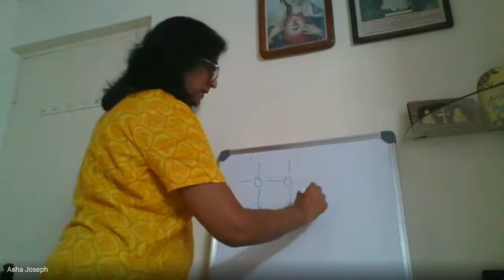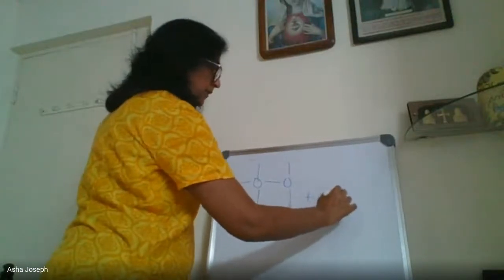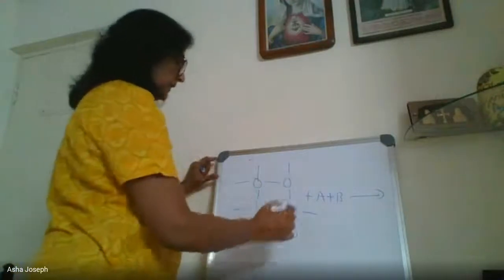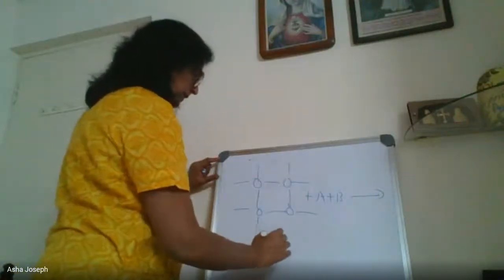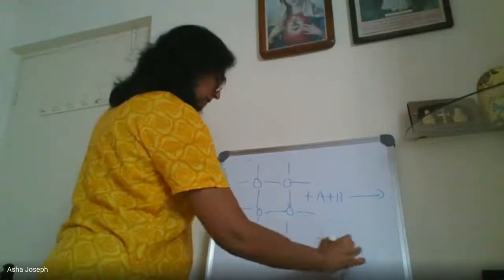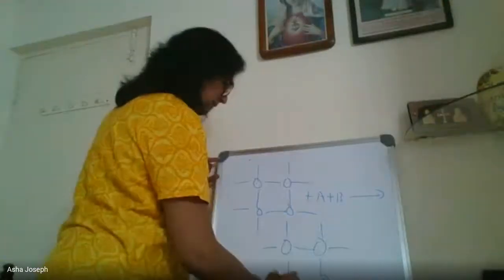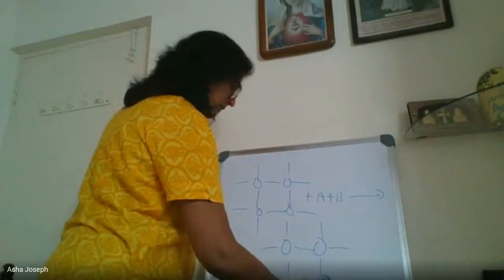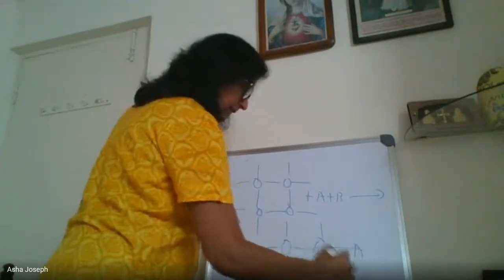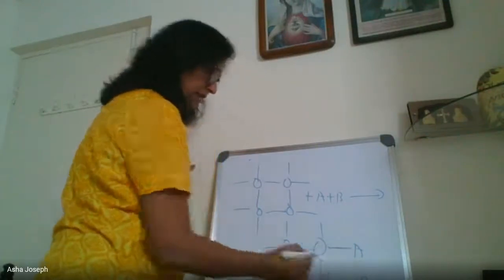First the reactants and the products will diffuse and come near it. So first they will get adsorbed. See, these are the free bonds. They will get adsorbed.